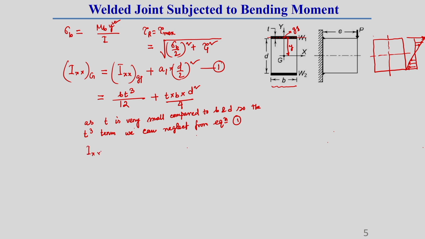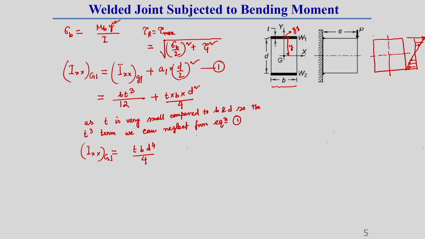So, Ixx of weld 1, Ig you can say of weld 1, here I am representing it as capital G1, will be T b d to the power 4 divided by 4. Okay. This we can represent.